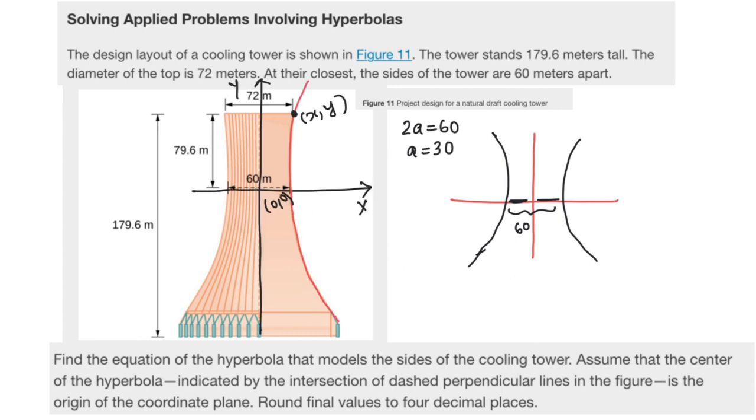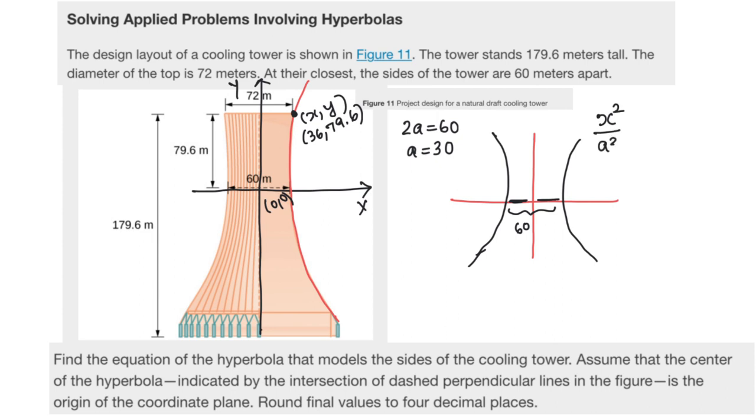This is the x-axis, this is the y-axis, this is the hyperbola curve. And this is a point x, y that is on the hyperbola. If this length is 72, the x-coordinate of this will be 72 divided by 2, that is 36, and the height will be 79.6. So we can start with the equation of the hyperbola.